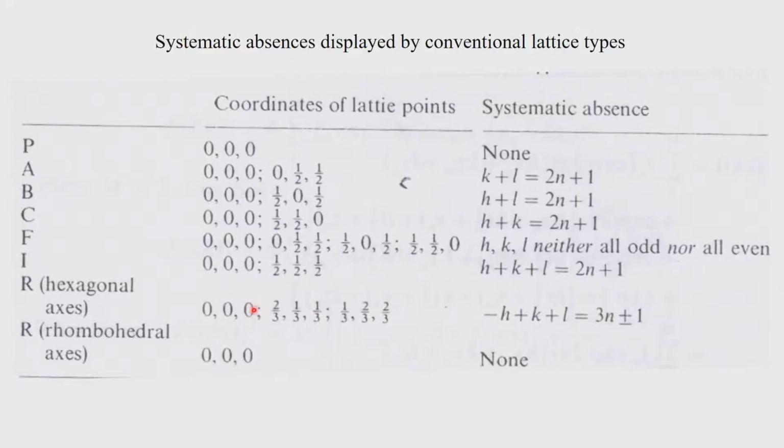So, the hexagonal system will have the coordinates of the lattice points 0 0 0, 2/3 1/3 1/3, 1/3 2/3 2/3. This is the case when we have a rhombohedral setting of a hexagonal lattice. What I mean by that is that we have a rhombohedral system where a equals b equals c, alpha equals beta equals gamma, not necessarily equal to 90 degrees.